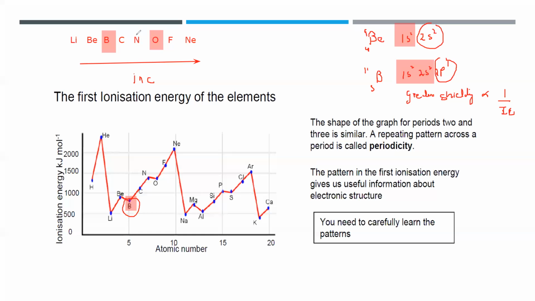Then between nitrogen and oxygen, why do they not follow the same trend? That is related to the pairing of electrons, like the electron in a box model. Nitrogen is 7 and 14.